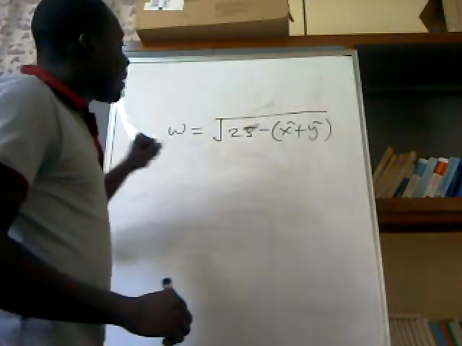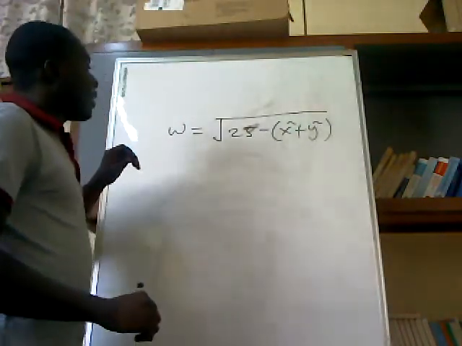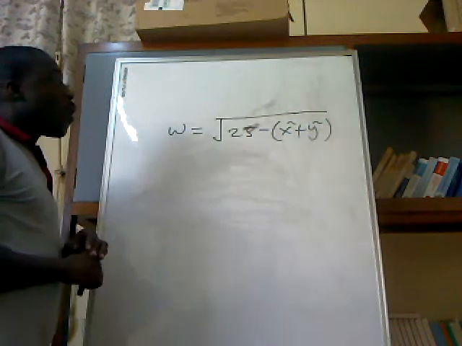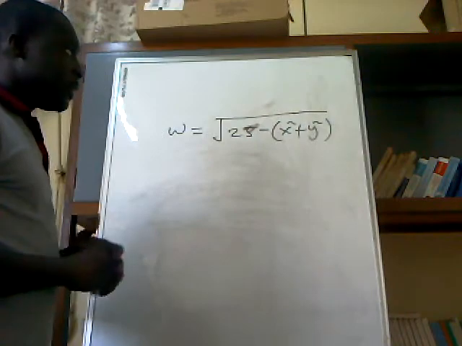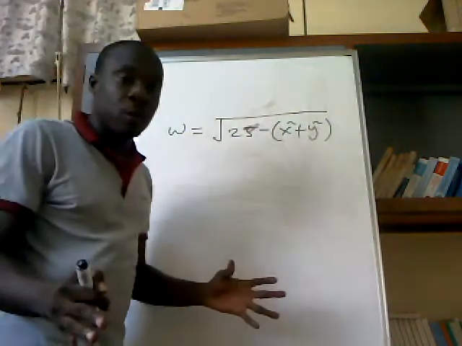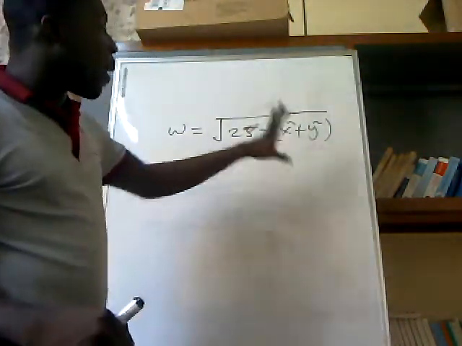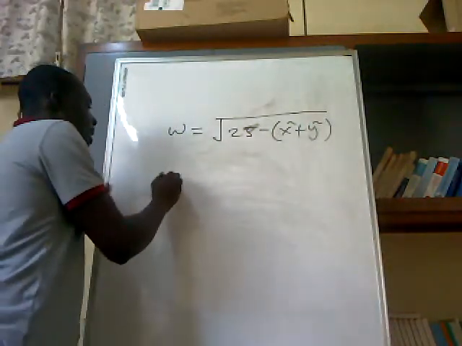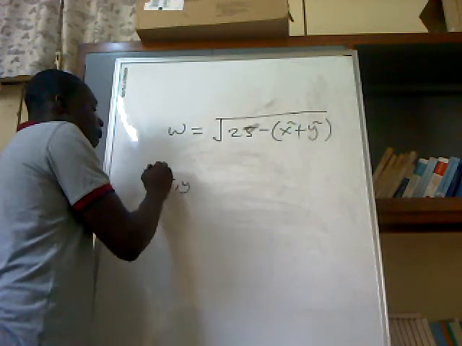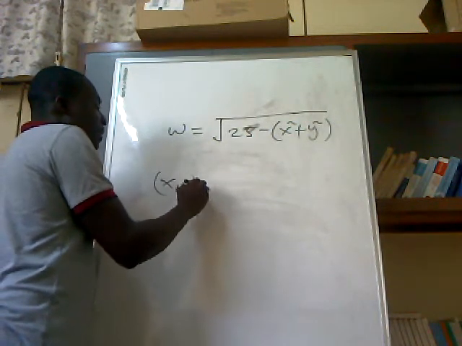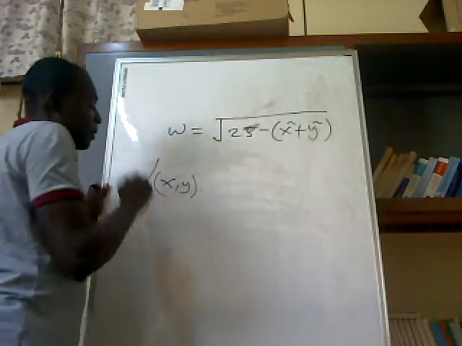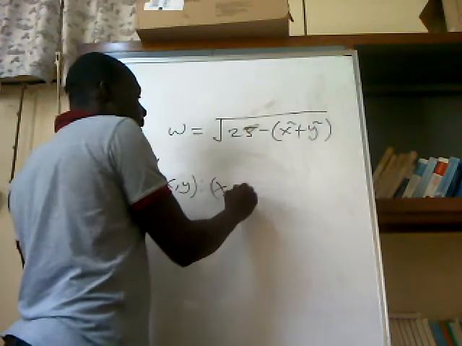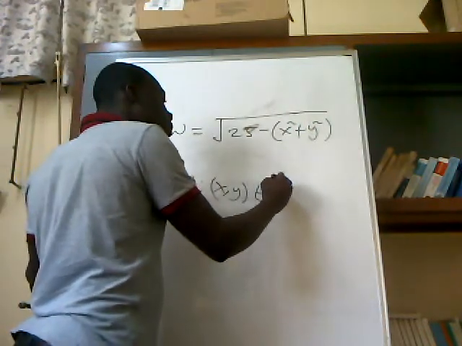Here we can see that the domain of this function, that is the set of all possible values that x and y can take, is x and y such that x and y belong to R2.